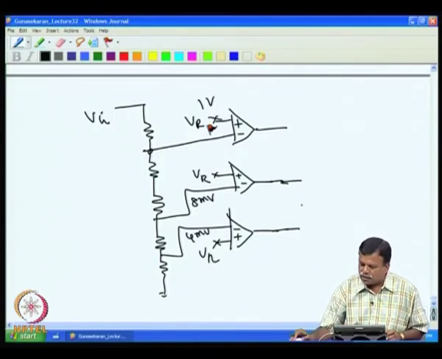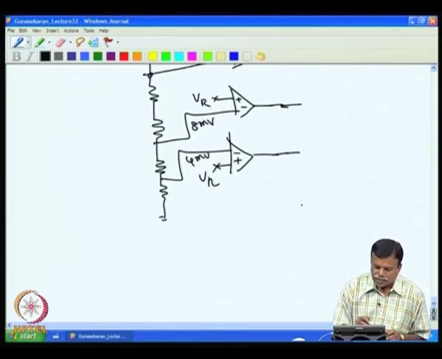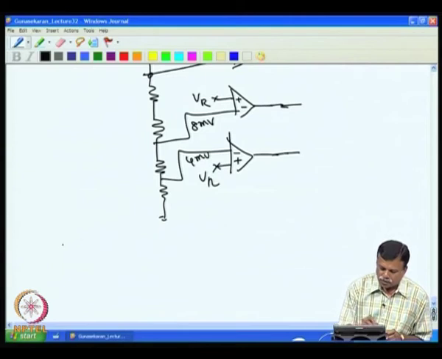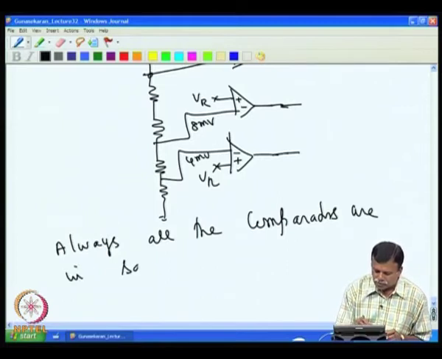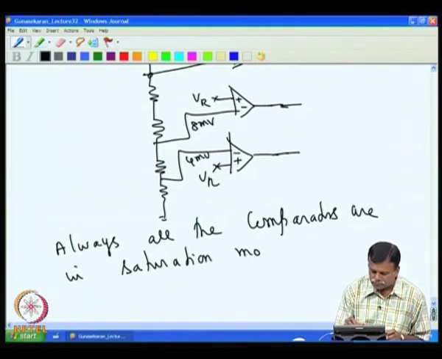So, all the time the comparators are always in saturation mode only.